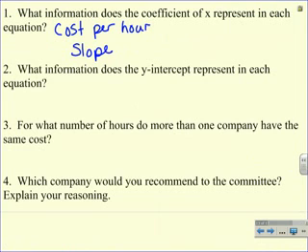Now, what information does the y-intercept represent in each equation? If the coefficient is the cost per hour or the slope, the y-intercept represents what? That's the y. I want to know the y-intercept.